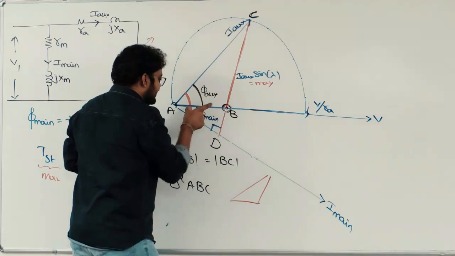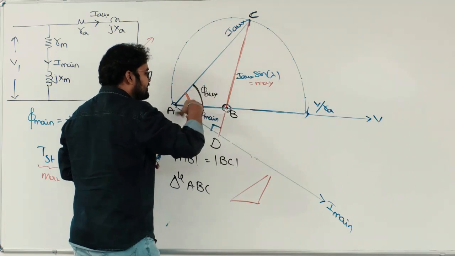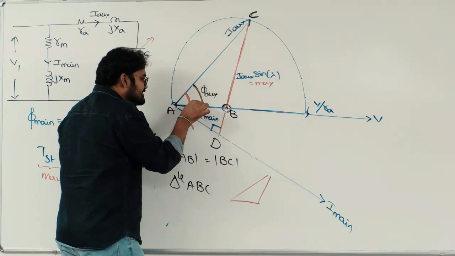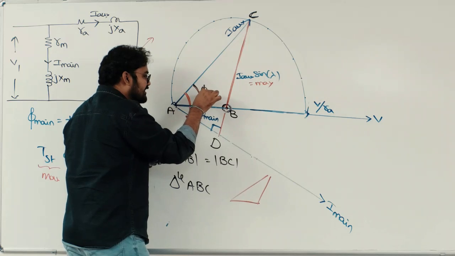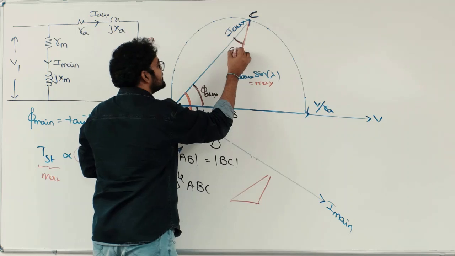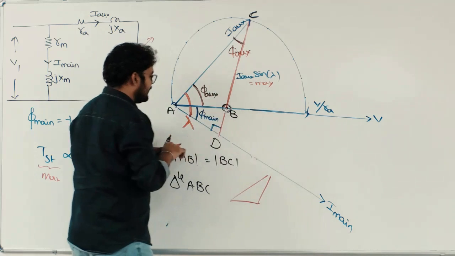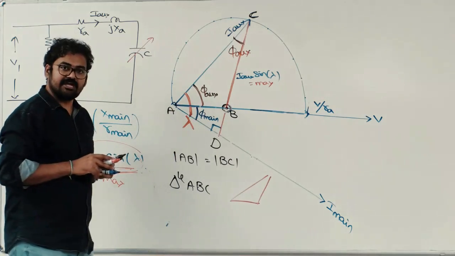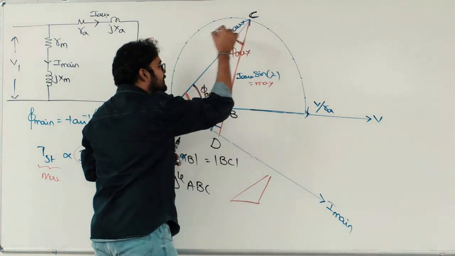Therefore, this angle is equal to phi auxiliary. In that case, the opposite angle, this angle also becomes phi auxiliary. If this is phi auxiliary, this is also phi auxiliary. That's all. We got what this angle is.